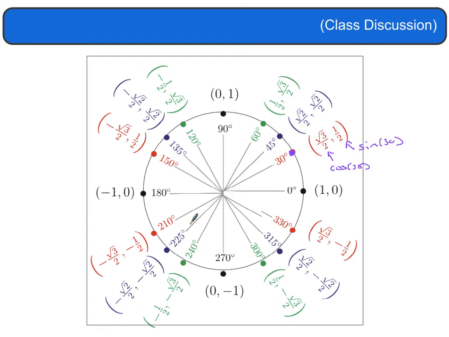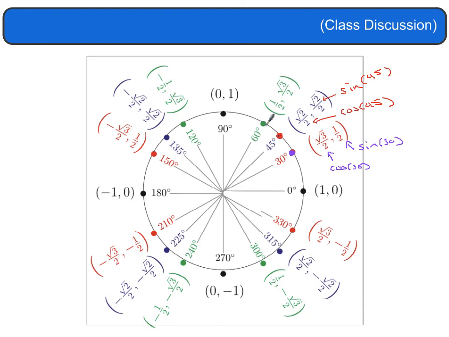If I went to the next one, right here, 45, that means this square root of 2 over 2 would be your cosine of 45. And this one right here would be your sine of 45.